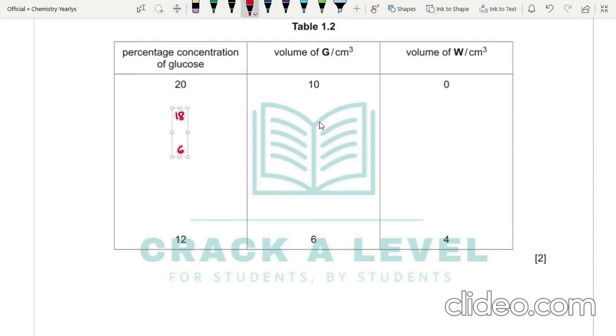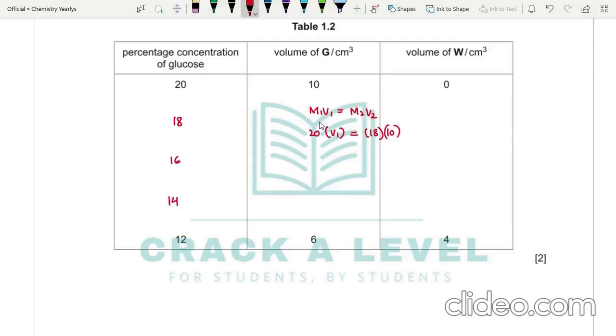Let me just make it a little bit in proportion. So it will be 18, this will become 16, and this will become 14. Let's use m1v1 equals m2v2. So the stock solution is 20, we do not know v1, m2 is 18 in this case, and 10 cm cube of each.